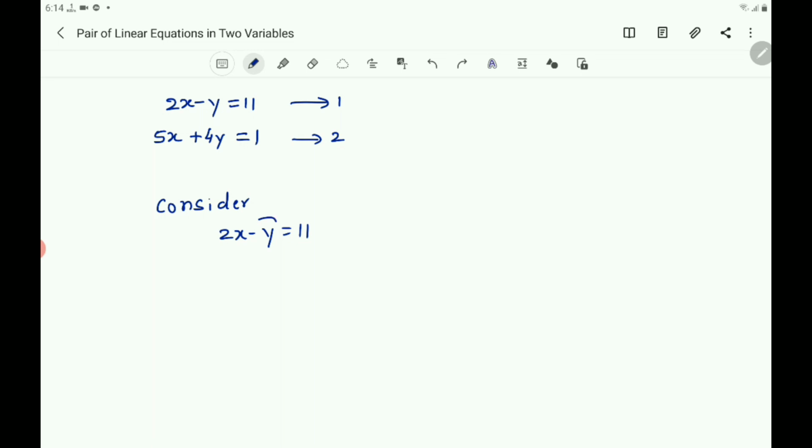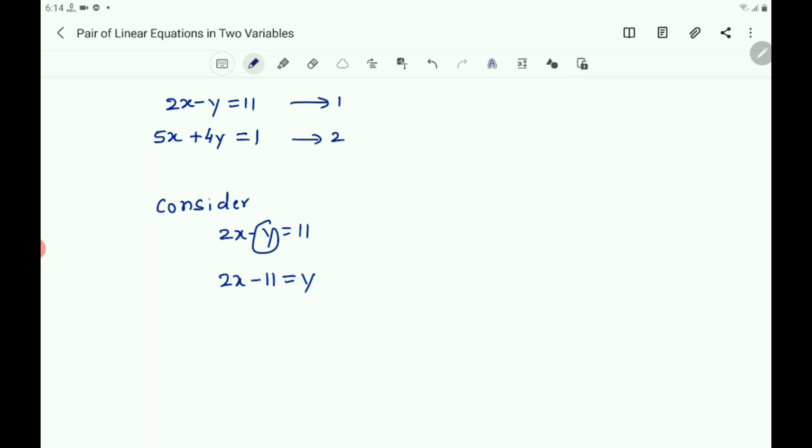So here minus y is there. It is better to transfer minus y to RHS. Then it becomes 2x minus 11. Transfer 11 to LHS and minus y to RHS. That becomes 2x minus 11 equals y.